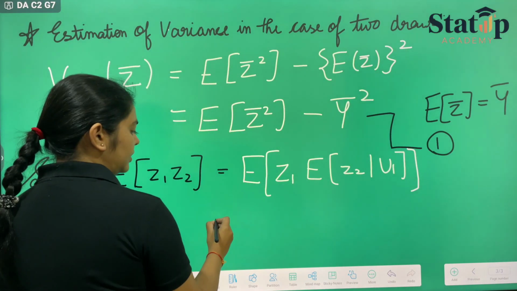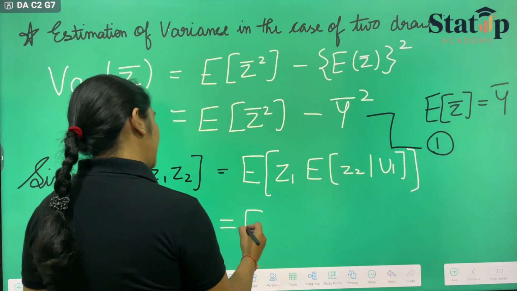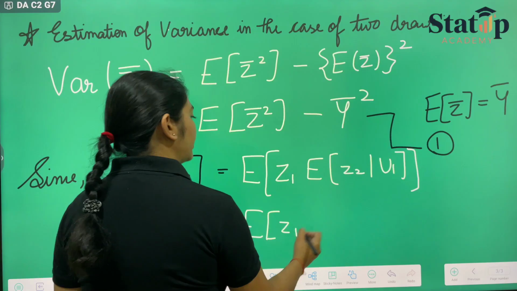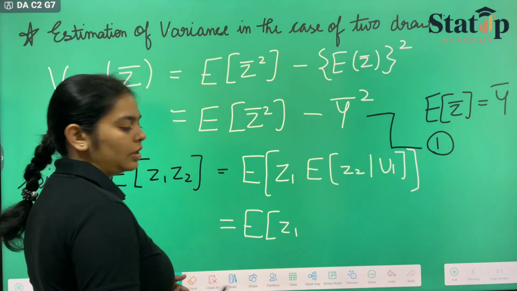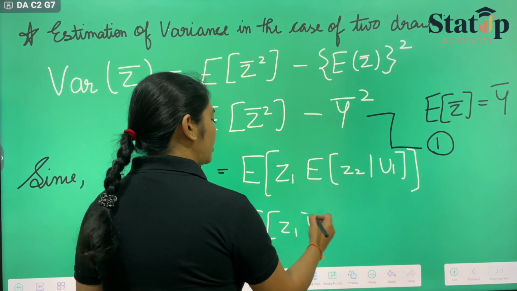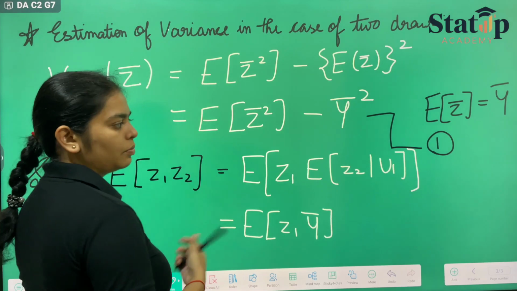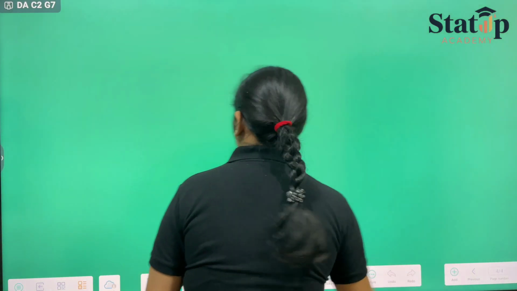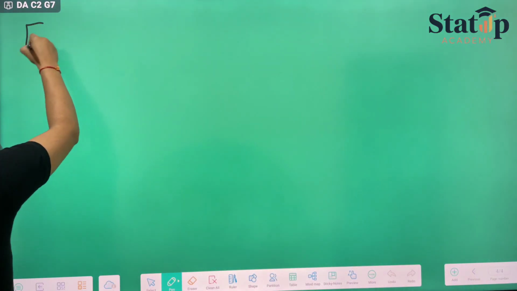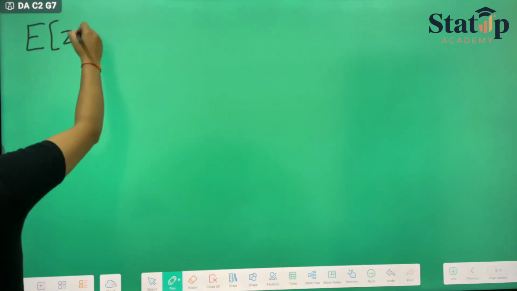This can be written like this. So it can further be written as estimation of Z1. Now estimation of Z2 when first unit has already been taken out is nothing but the unbiased estimator, which is the population mean. Now moving on further, we were discussing estimation of Z1, Z2.